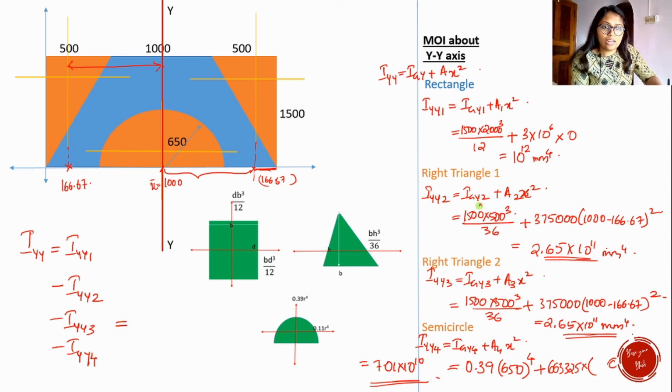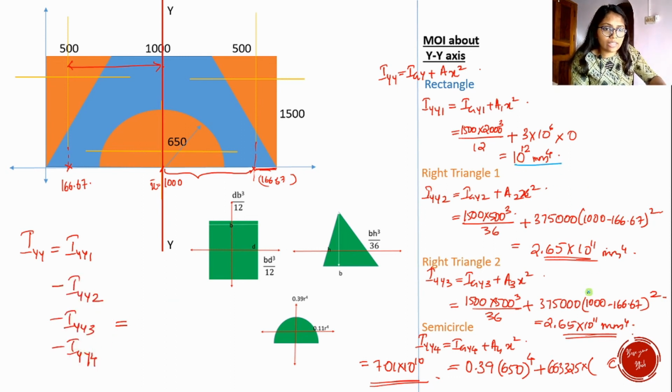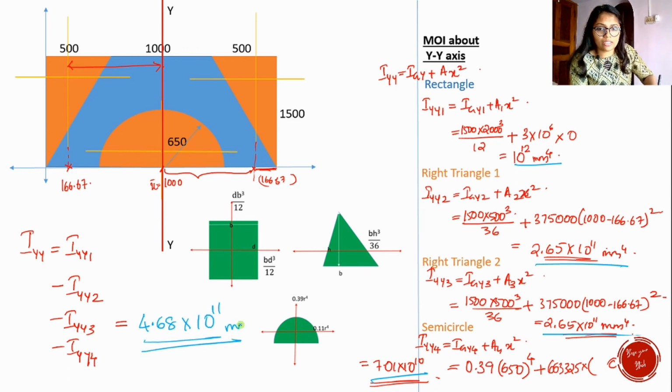Take all these values, this one, this one, this one, and your value is about 4.68 into 10 raised to 11 millimeter raised to 4. Okay, so this is how you get the moment of inertia values.